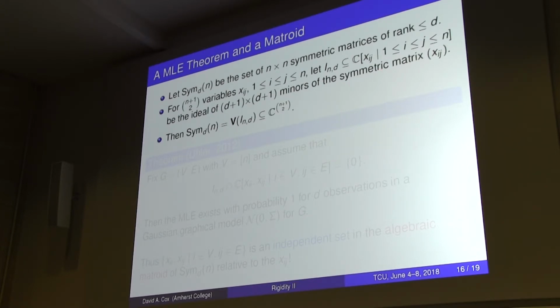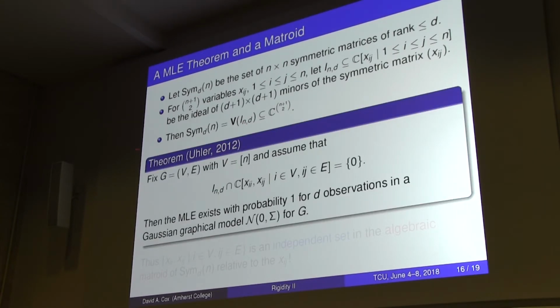Then I want the rank to be less than or equal to D, so I take the D plus 1 by D plus 1 minors of this symmetric matrix, and that generates a very classic determinantal ideal. And then this set here is actually the variety defined by those equations.